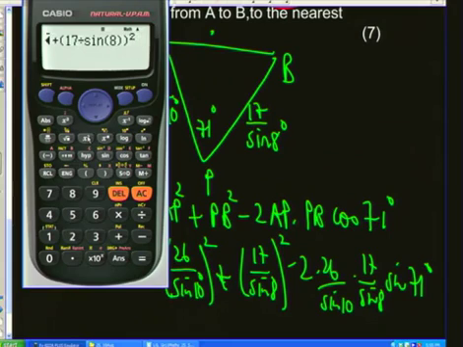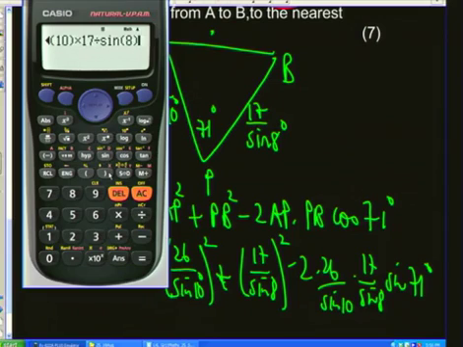We're going to square that. And we're going to subtract twice of 26 divided by sine 10, and we're going to times by 17, and we're going to divide it by sine 8.